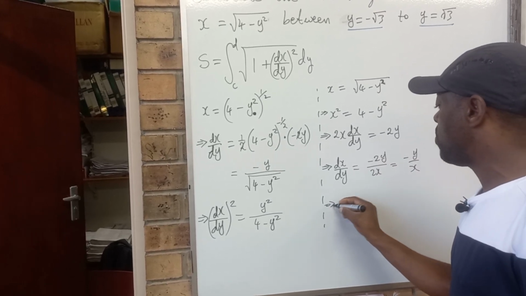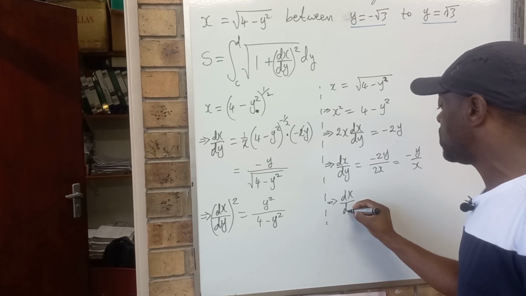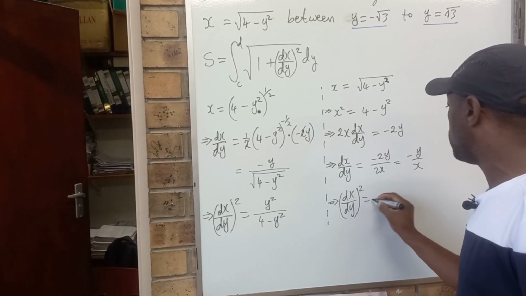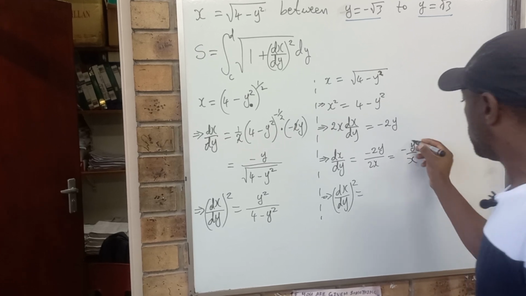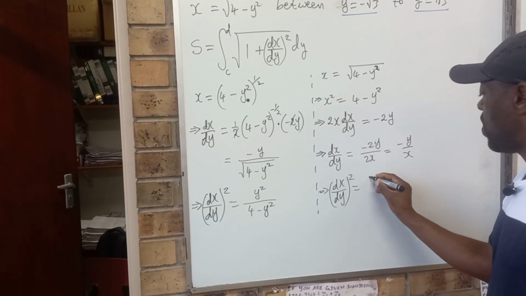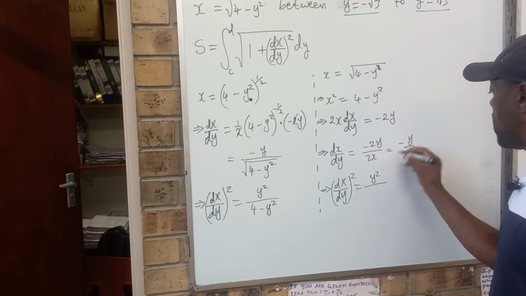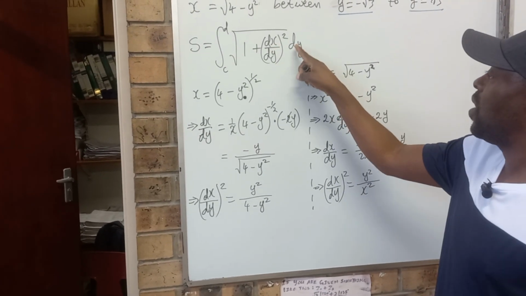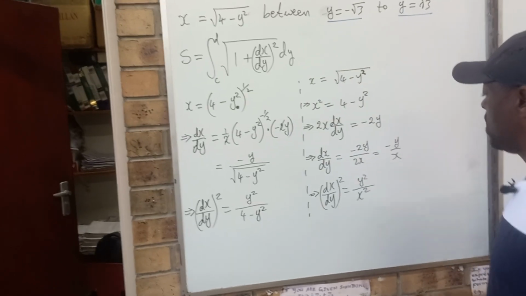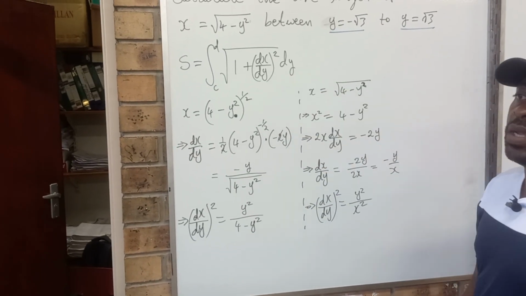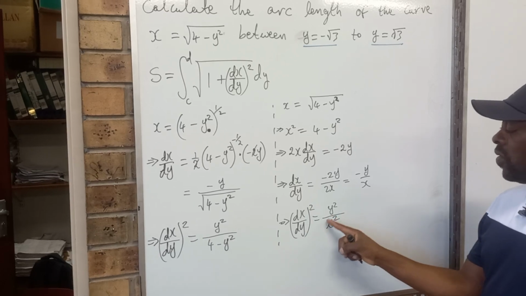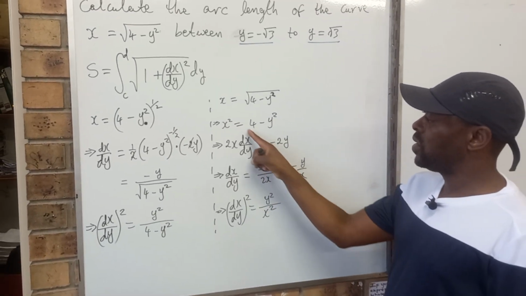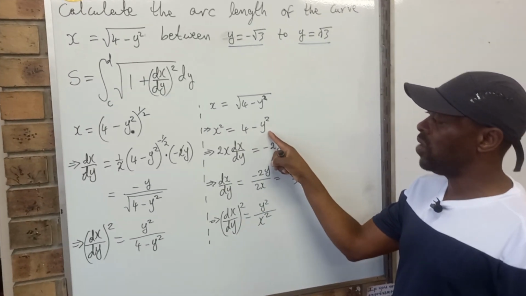Then you square both sides, and you get dx over dy all squared being the square of this. If you square negative y, you get y squared, and you square x, it gives you x squared. But in your formula we are only interested in y, so we must look for the meaning of x squared, which we know from where we started squaring.